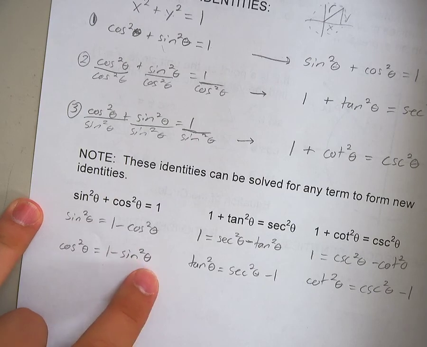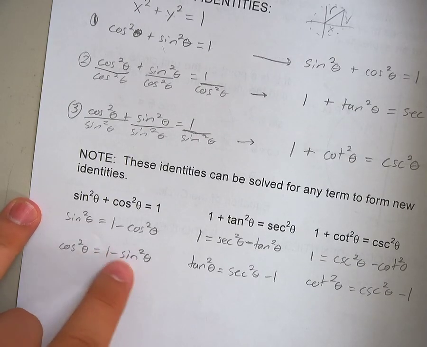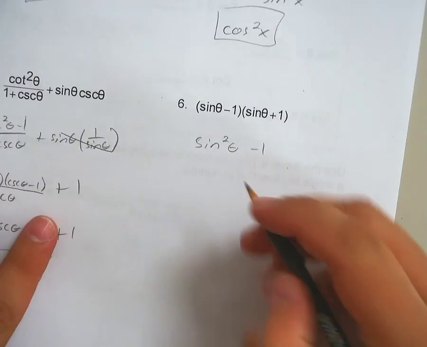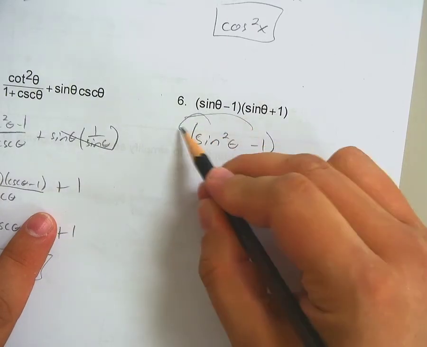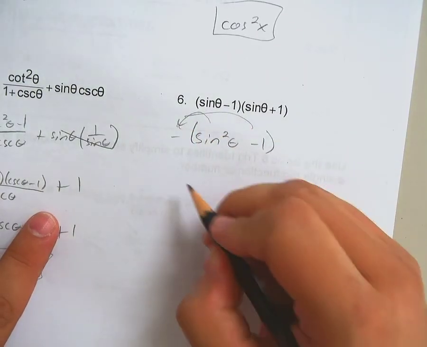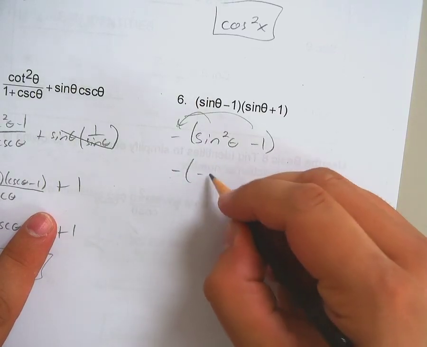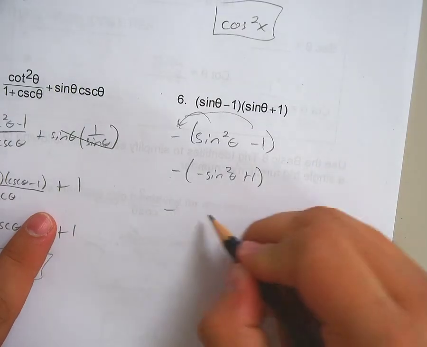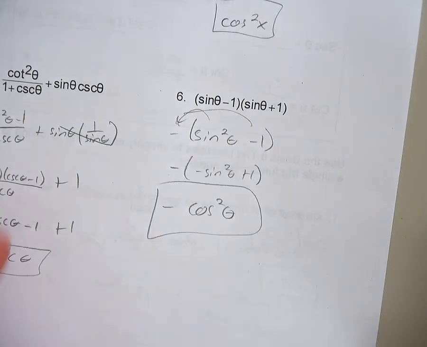Now notice how these two things are actually opposite here. That's actually going to be a negative. Let's say we take a negative out of there. Factor out a negative, and you've got a negative sine squared theta plus 1. That's negative cosine squared theta. Pretty cool, isn't it?